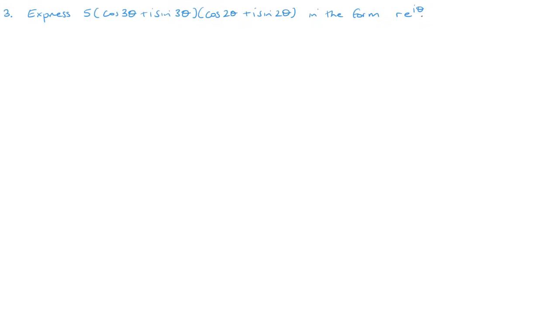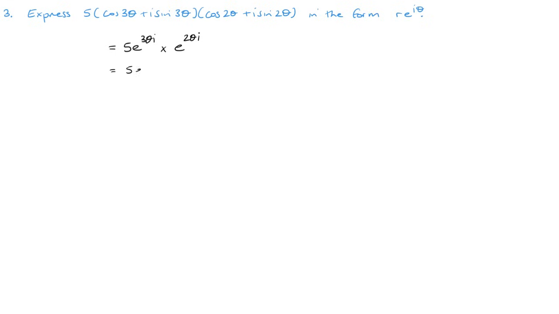So for this one, first change it into its exponential form. So this is 5e to the 3 theta i times by e to the 2 theta i there.